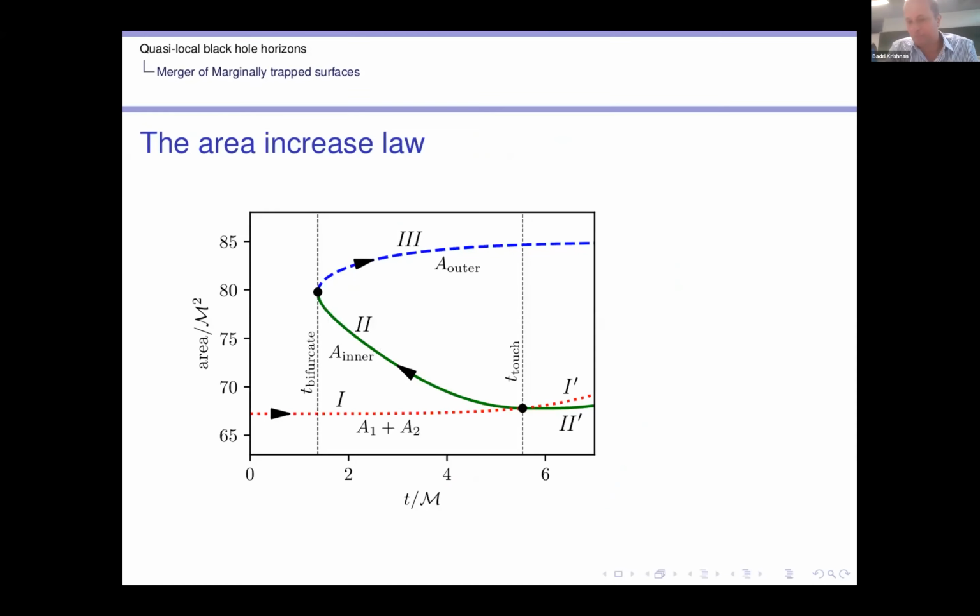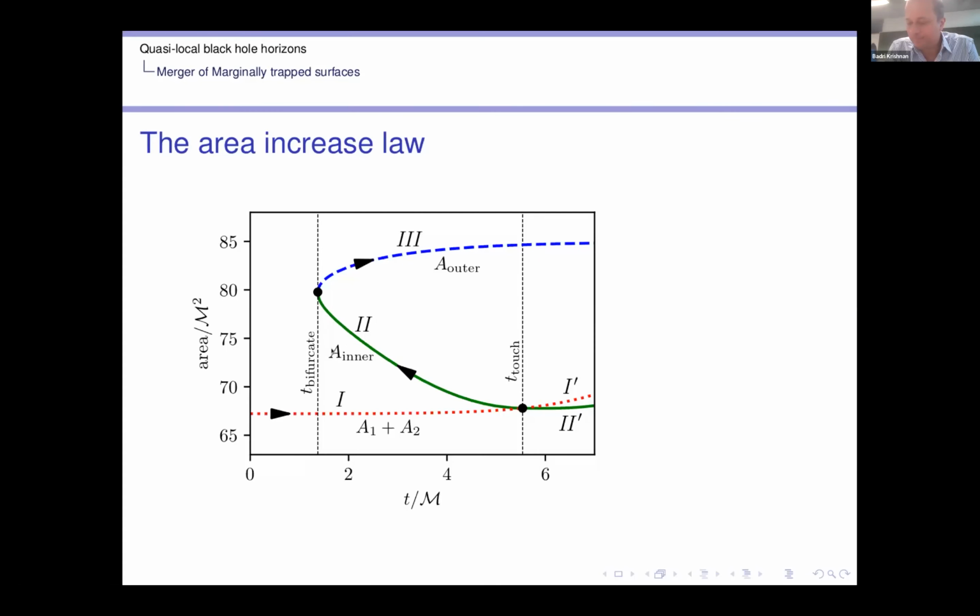A lot of people asked about the areas of these surfaces, and this is what it is showing. I'll explain some features of this in a minute, but I want to be clear that you understand what these curves are. Questions, students? There are none. Okay, so I hope it is clear.